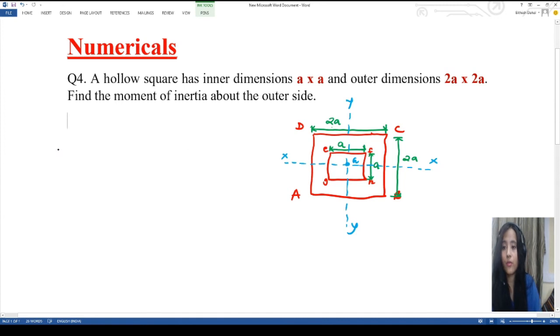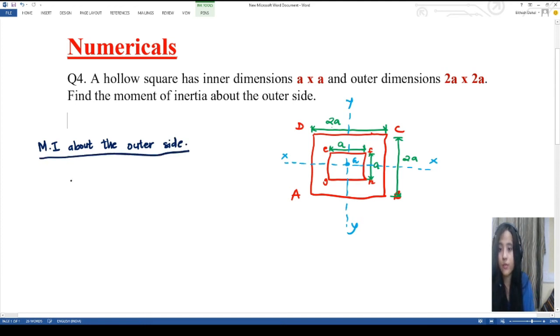So moment of inertia about the outer side, right? So it will be equal to, we can take any plane now.